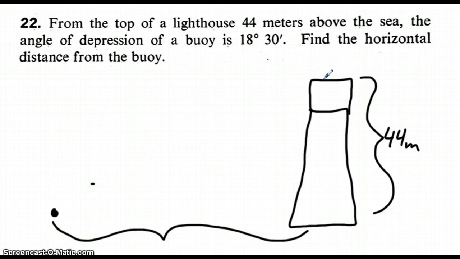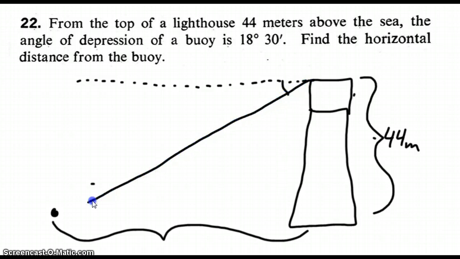All right, if you're standing up here in the lighthouse and you're talking about the angle of depression, that's the angle down from horizontal. So there's horizontal, looking straight across from where you are on top of the lighthouse. The angle of depression would be looking down to the buoy. So this is my line of sight right here.